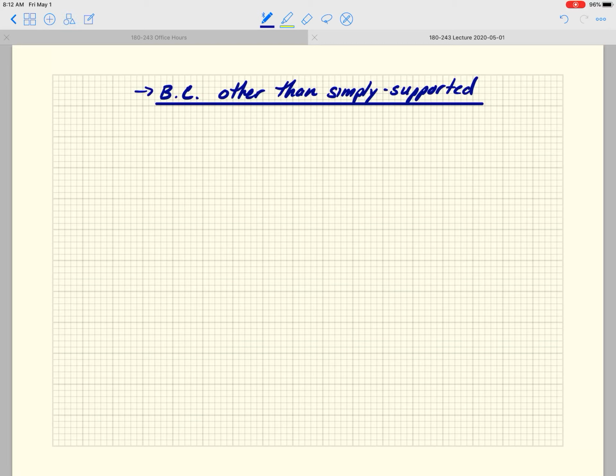Right? So now what we're going to do is I'm going to take that P critical equation. I'm going to drop the n, and in the denominator, I'm going to change the L to a KL, where the KL is the effective length.